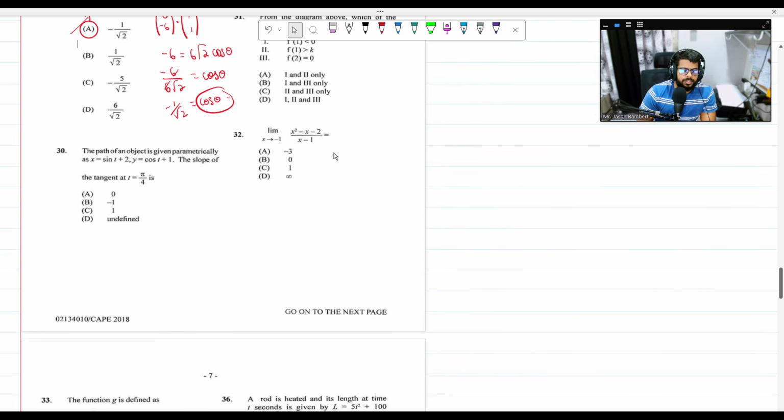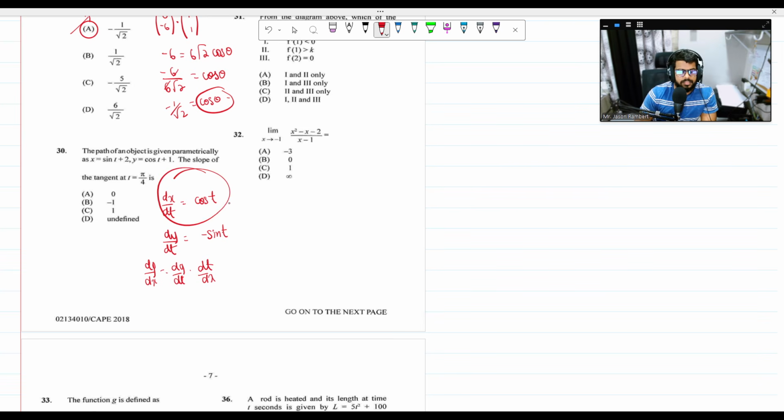The path of an object is given parametrically as x and y. The slope of the tangent at t equal to pi on 4 is... alright, so dx/dt is cosine t and dy/dt is minus sine t. dy/dx is dy/dt multiplied by dt/dx.